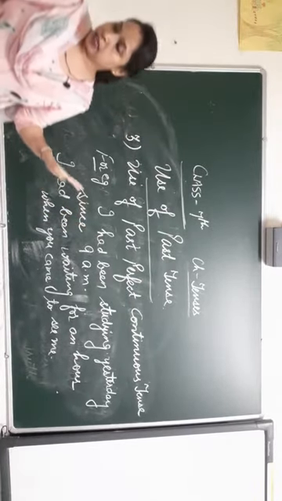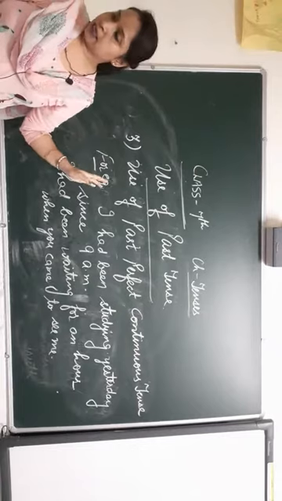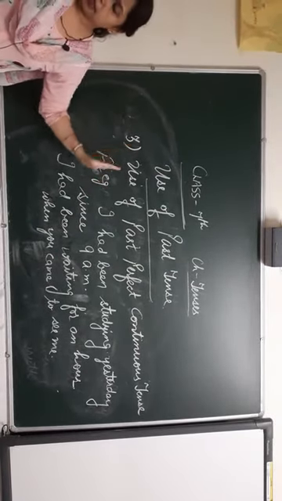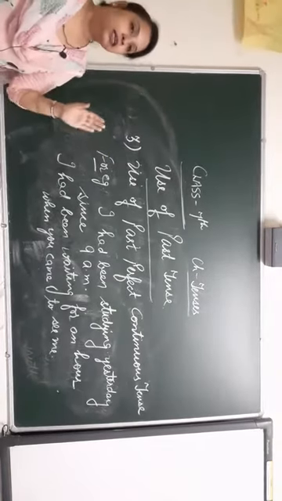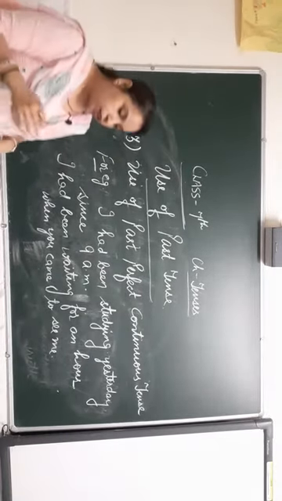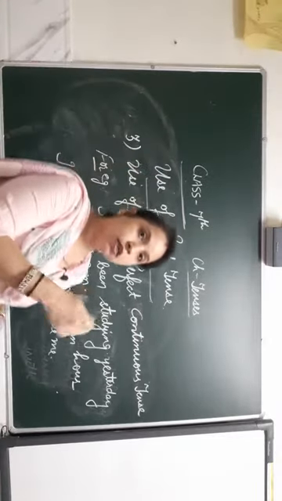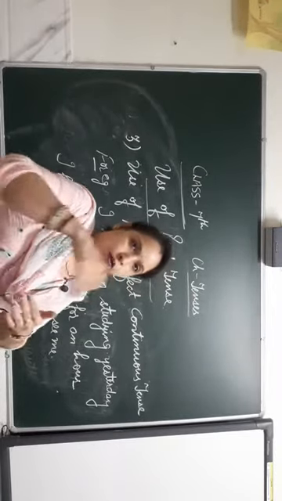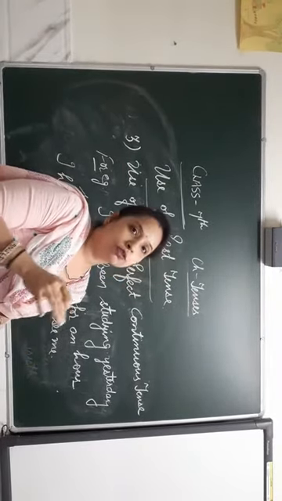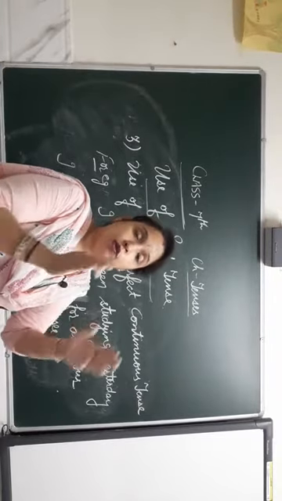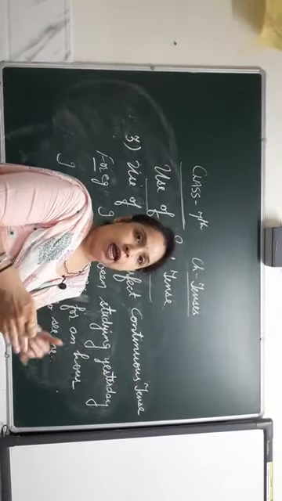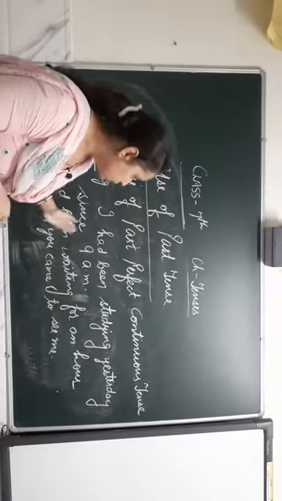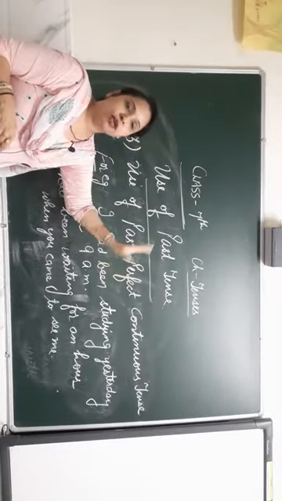Past perfect continuous tense shows that an action had continued for a certain time before a certain instant in the past. Means you continued some work from before in the past, and at that time again you were doing the same thing. This is not future, this is for the past. So then you have to use past perfect continuous.